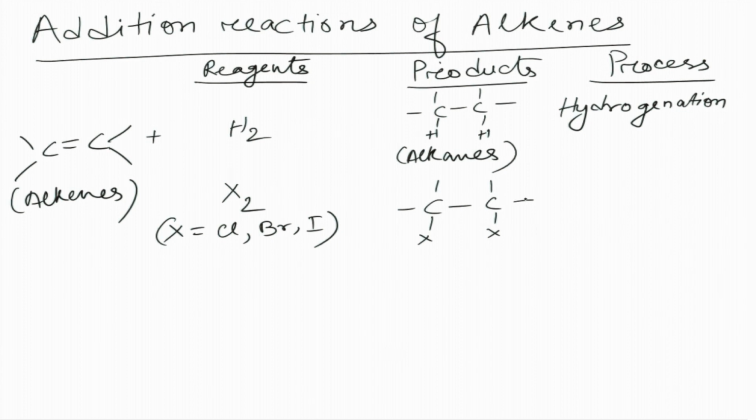Elimination of dihalides formed alkenes, and addition of alkenes with halogens forms dihalides again. So, these are vicinal dihalides. This method is called halogenation.